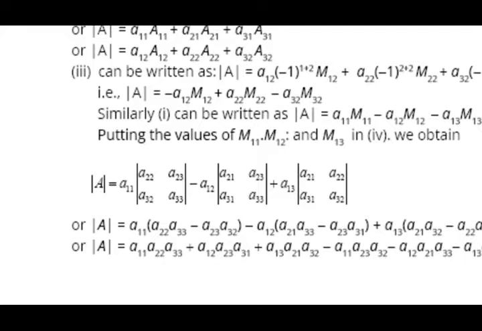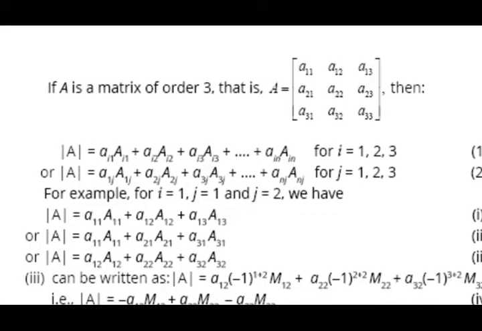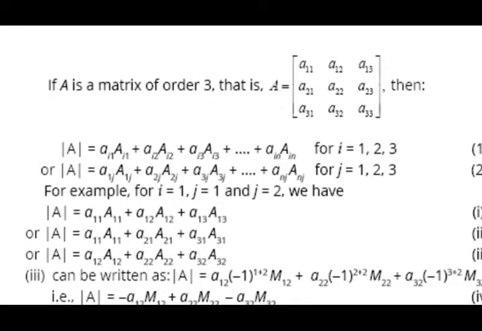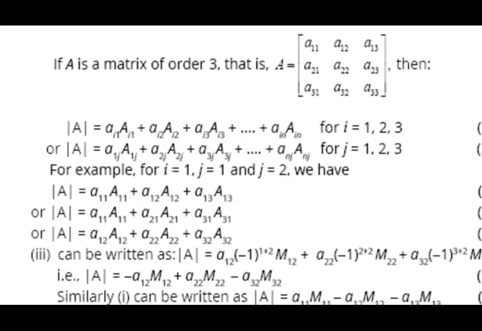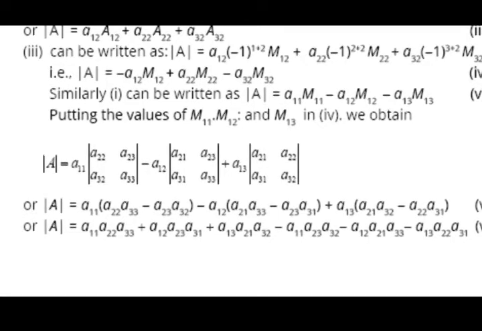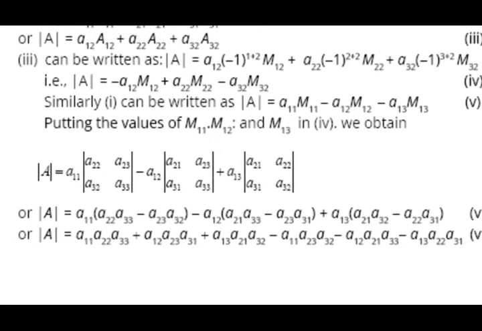Minor M11 means we drop the first row and first column. If we drop the first row and first column from this matrix, we name the remaining values a22, a23, and then a32 and a33. In the same process we write M12 and then M13, and then further we solve their determinants.